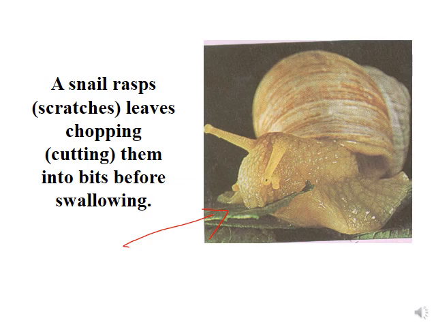The butterfly has a special tool, the proboscis, used to suck the nectar when elongated. The snail rasps or scratches the leaves, cutting them into smaller pieces before swallowing them.